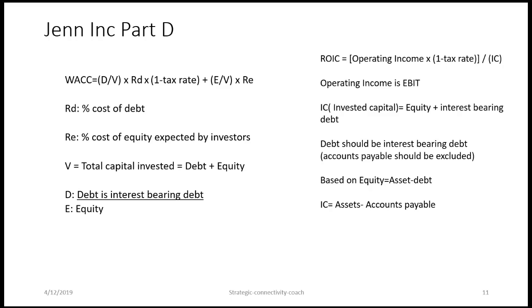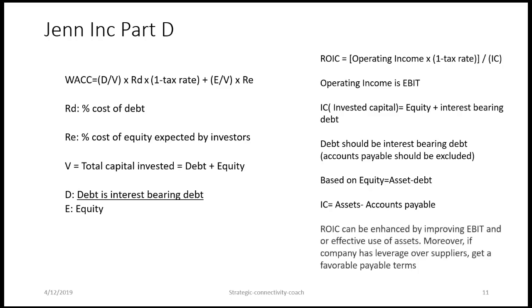We take it out because accounts payable is not invested capital. It is money that we owe our suppliers, so it is a debt, but it is not interest-bearing in the sense that we don't pay interest to our suppliers for having a contractual agreement that we can pay them over 30 or 45 days. So that should be taken out of the invested capital.